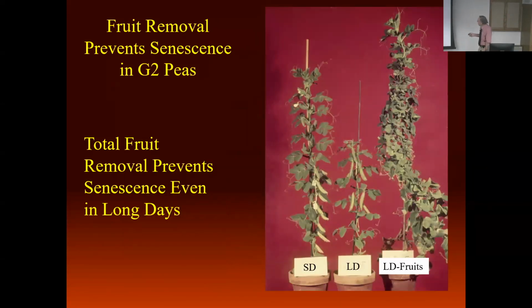It was nothing to do with the number of fruit, because short days produce just as many fruit, though if you do remove all the fruit, it will keep growing ad infinitum. So it does need the presence of fruit.